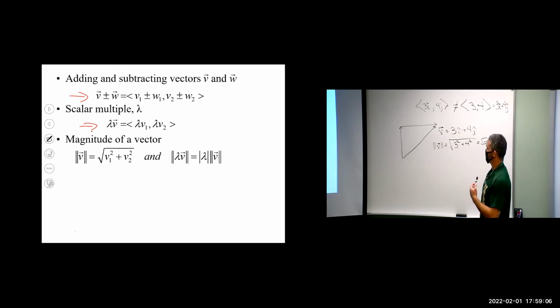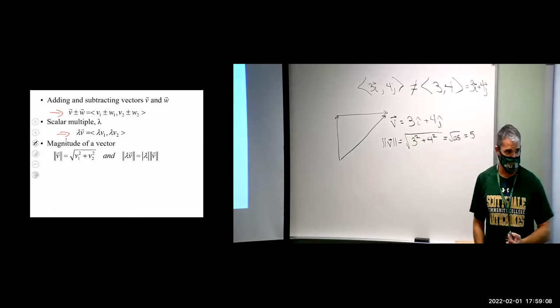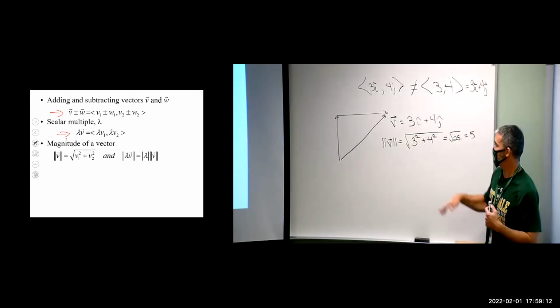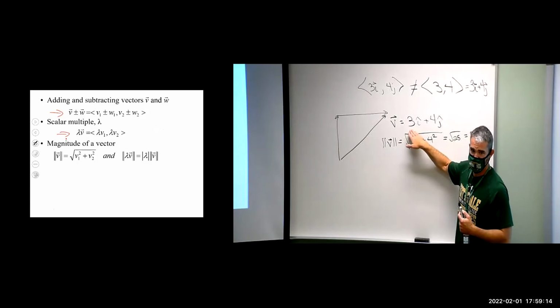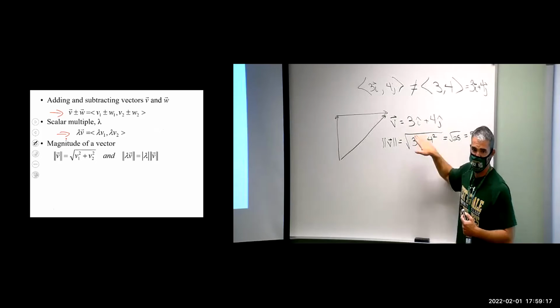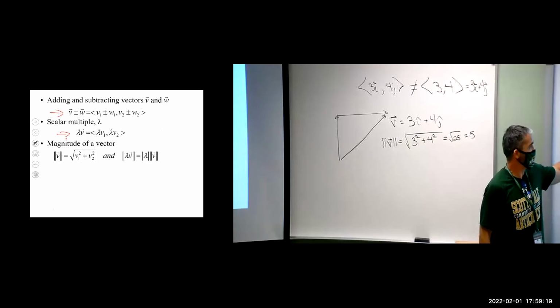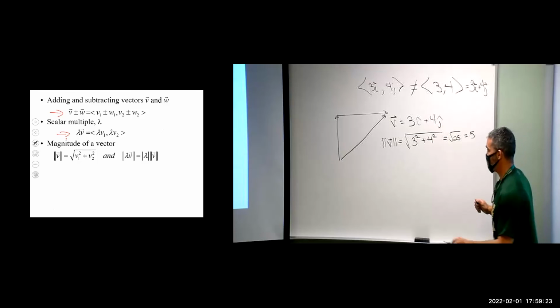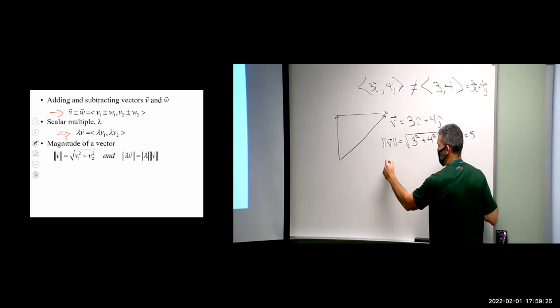Well, let's say I want a unit vector that's in the direction of V. Okay, so I want a vector of magnitude 1 that's in the same direction as the 3, 4 vector. I'm going to combine two of the things that we just did. Number one, I know I want it in the direction of V, right?